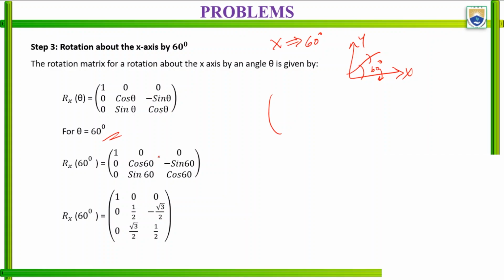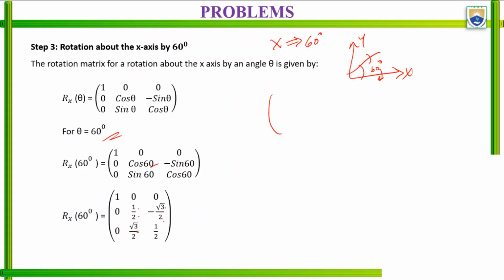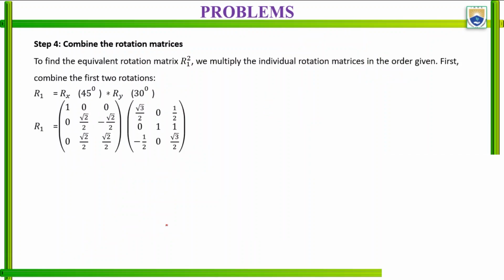What is cos 60? Cos 60 is 1 by 2 and minus sin 60 is minus root 3 by 2. In the same way here, sin 60 root 3 by 2 and cos 60 is 1 by 2. So the rotation matrix for 60 degrees is 1 0 0 0 1 by 2 minus root 3 by 2 0 root 3 by 2 and 1 by 2. Now when we are combining these rotational matrices, right?